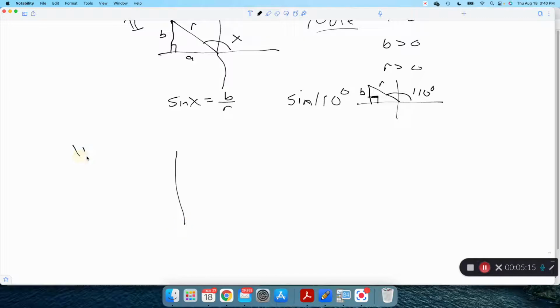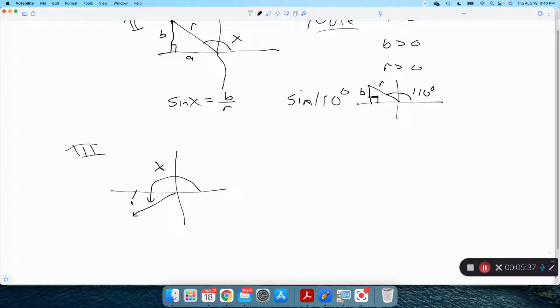I can go into quadrant 3. So my angle X now will be this angle here that doesn't even fit inside a triangle. So we're talking angles like 200 degrees, bigger than a triangle. So how are we going to define sine of that angle?